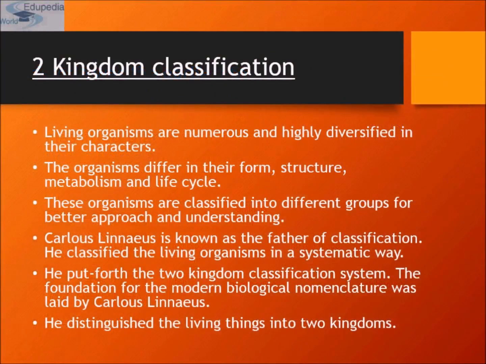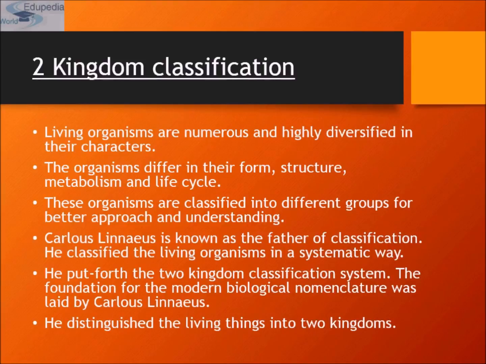Now the two kingdom classification. In Linnaeus's time, a two kingdom classification with plant and animal kingdoms was developed that included all plants and animals respectively. This system was used till very recently.